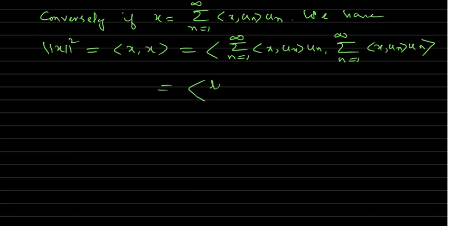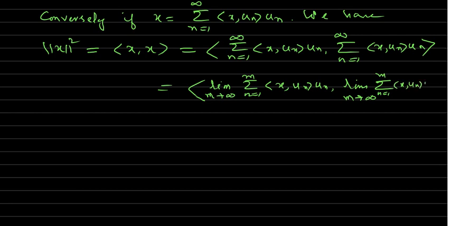This is actually this limit m approach to infinity summation n runs from 1 to m inner product of x with un, okay. This is a limit m approach to infinity, this is summation n runs from 1 to m inner product x with un, then un.